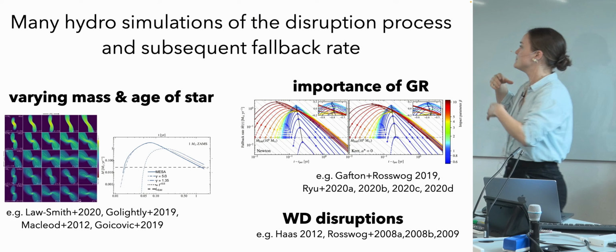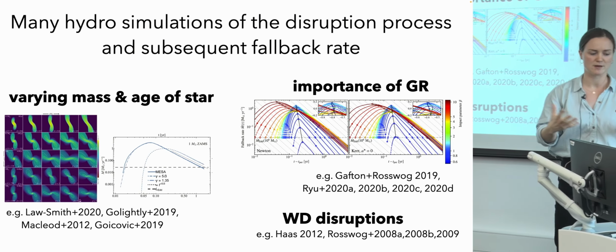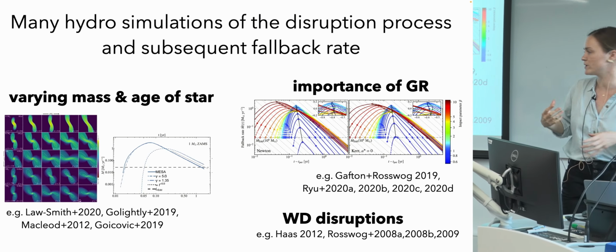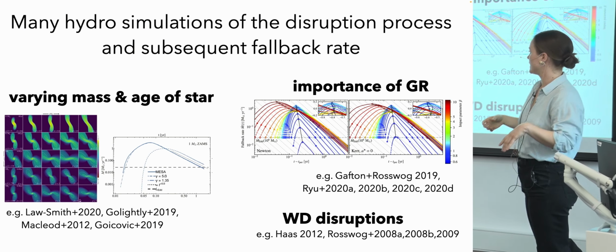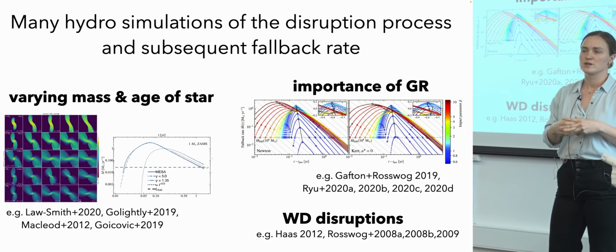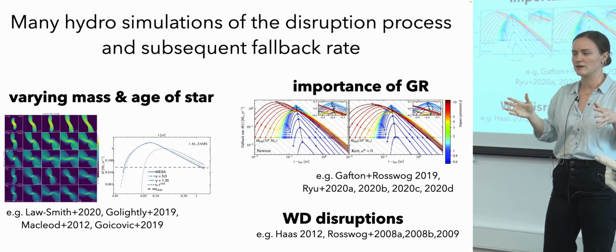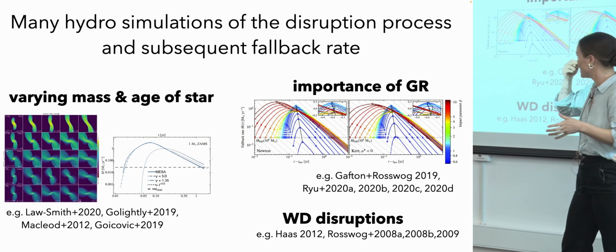Now, there have actually been many hydro simulations of the disruption process to better estimate the mass fallback rate. They're pretty converged at this point, but these are some of the different things people have done. And I won't go into too much detail about them other than to just say that it turns out that the timescale of the light curve or of the mass fallback rate is most dependent on the black hole mass.